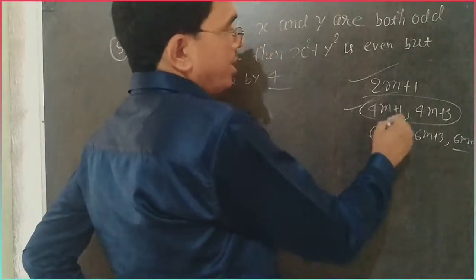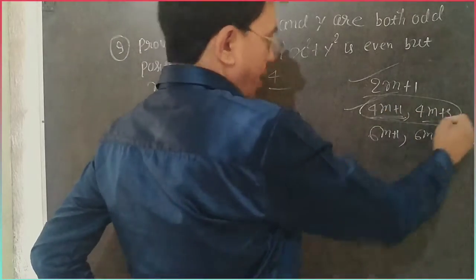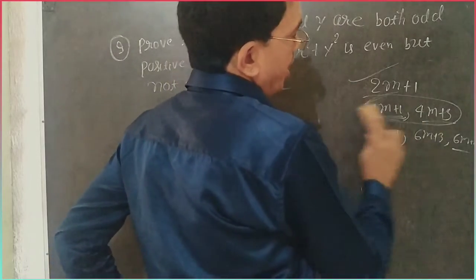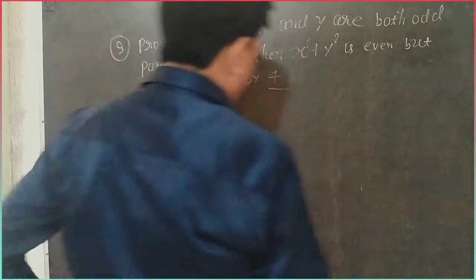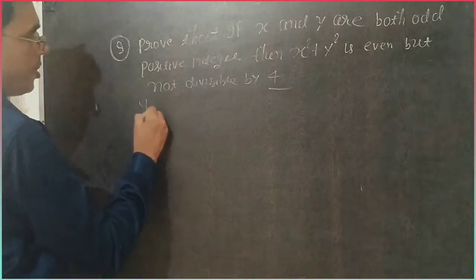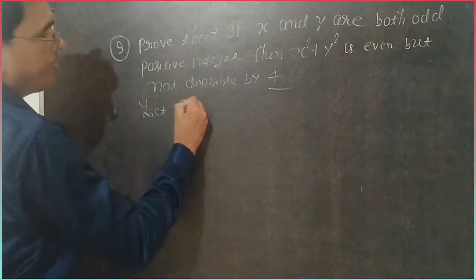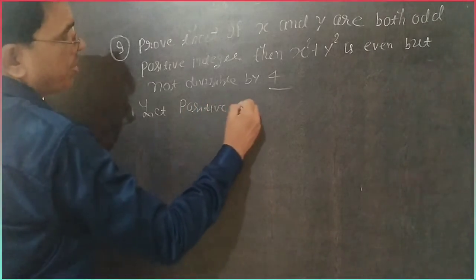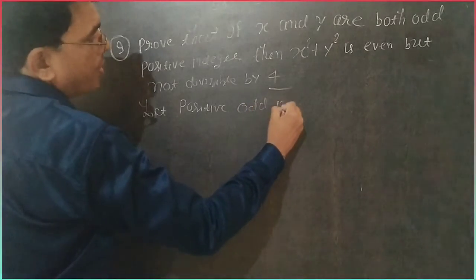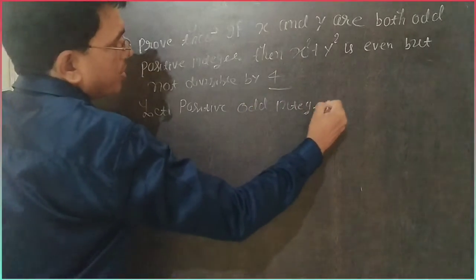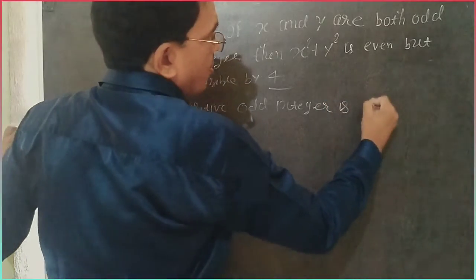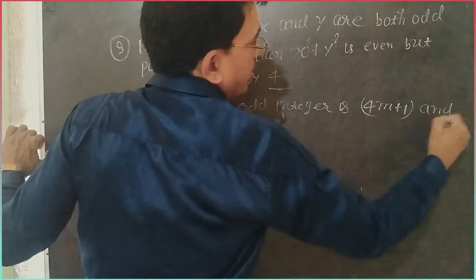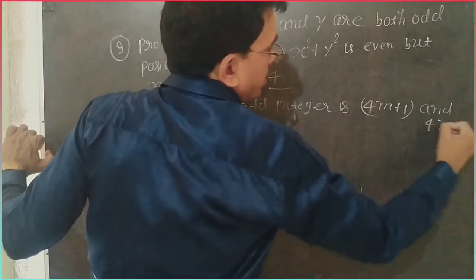These 2 numbers are in the form of 4m plus 1 and 4m plus 3, because when you take 4m plus 1, then it is possible to take 2 or 4 common. So you write: let the positive odd integers be 4m plus 1 and 4m plus 3.